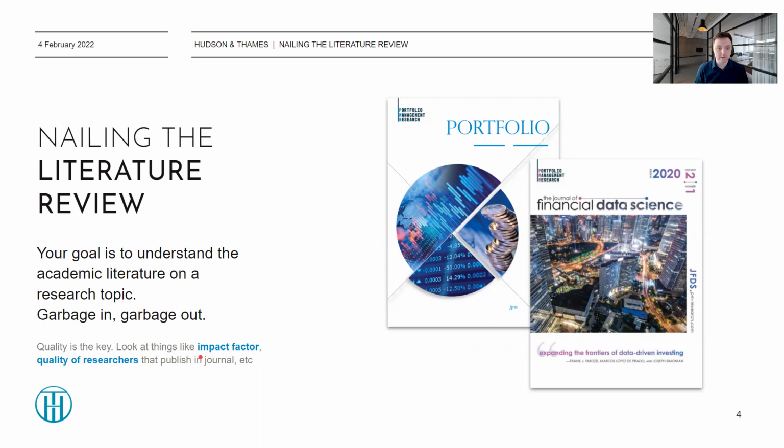Generally, the higher the impact factor, the better the quality of the journal. Another way of looking at the quality of the journal is the type of researchers that you see publishing in these journals. Perhaps you know some of the very big figures and icons in the research field, and typically they will publish in very high quality journals.